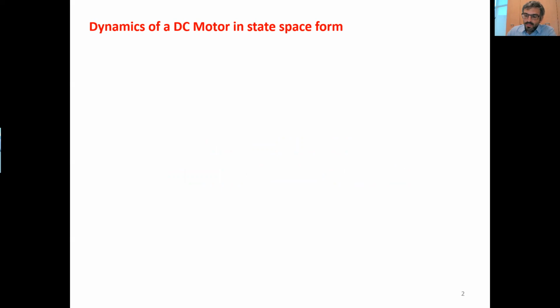But if you need to use another tool or implement by code your own simulator, you need to perform the integration of the dynamics. You need to put the dynamics in state space form and call your integration function to obtain the evolution of your states.